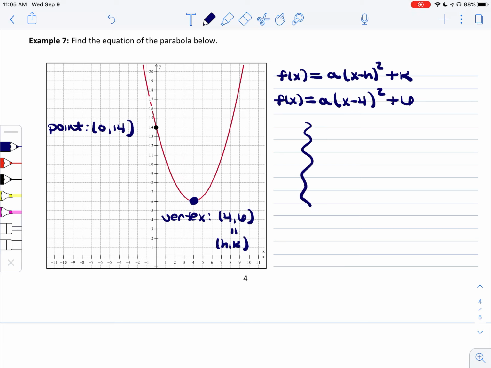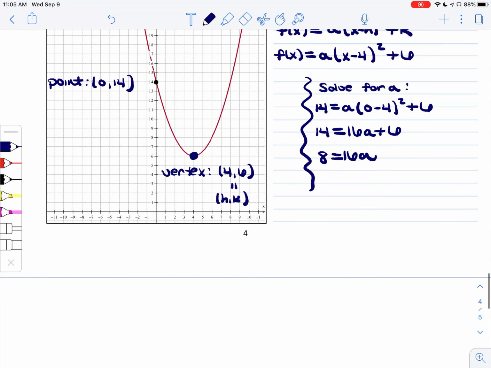Then we can use the point to solve for a. So plug in 14 for y, and plug in 0 for x, and then we'll solve it out for a. That would give us 14 is equal to, this guy would become a 16, so 16a plus 6. Subtract the 6 over, so 8 is equal to 16a. Divide by the 16, and that gives us a is 1/2.